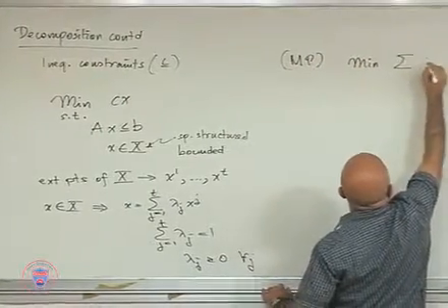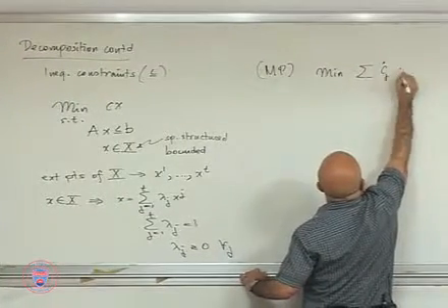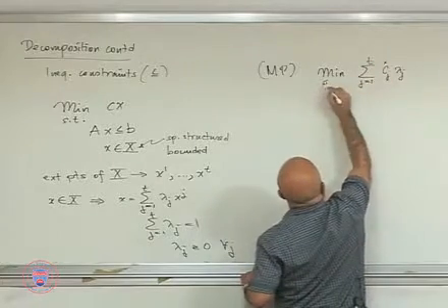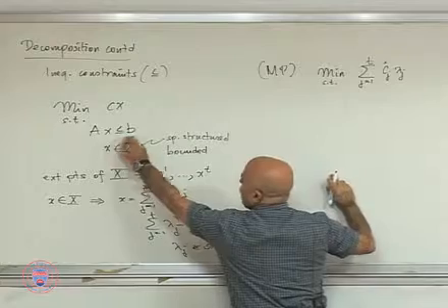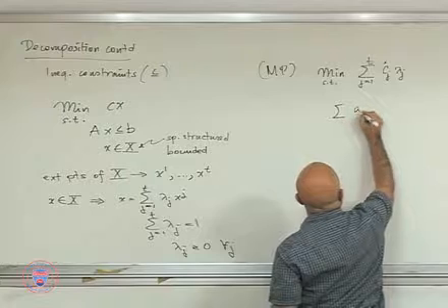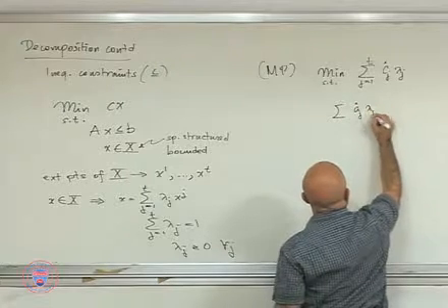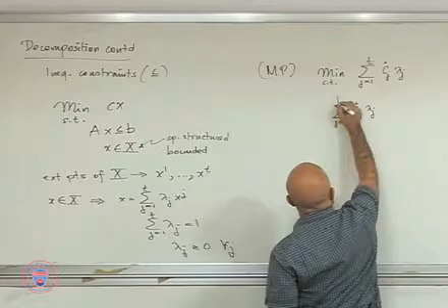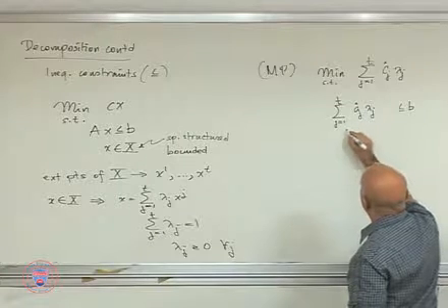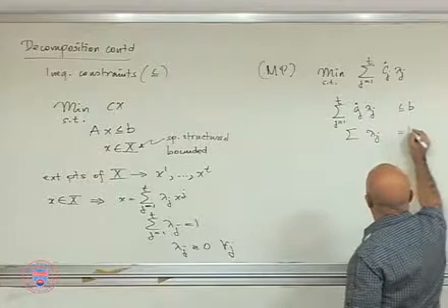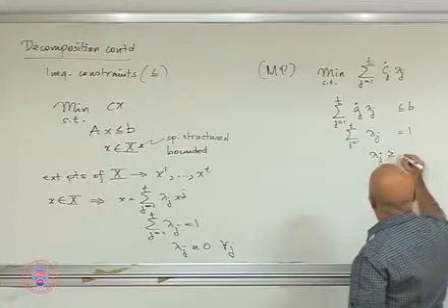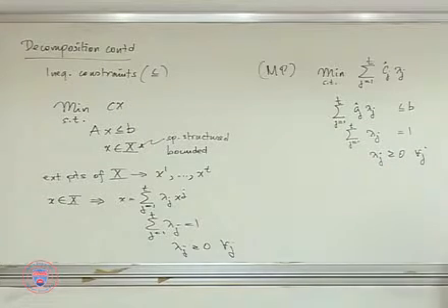Minimization of the sum of C cap j lambda j, j going from 1 to t, subject to Ax less than or equal to b becomes the sum of A cap j lambda j less than or equal to b. And of course, we also have lambda j adding up to 1, with all lambdas being non-negative.